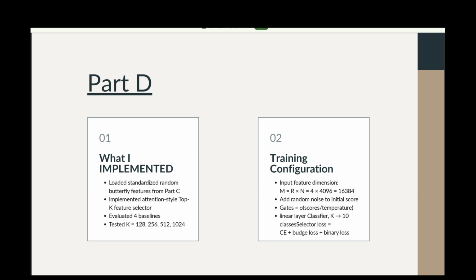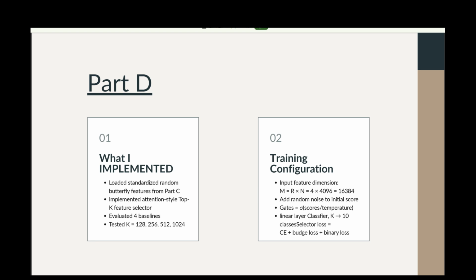The selector learns one score for each feature coordinate. These scores are converted into gates using a sigmoid function with temperature. The gated features are then passed into a linear classifier. The training loss contains 3 parts: the cross entropy loss for classification, a budget loss that encourages the total gate value to be close to k, and a binary loss that encourages the gates to move toward 0 or 1.